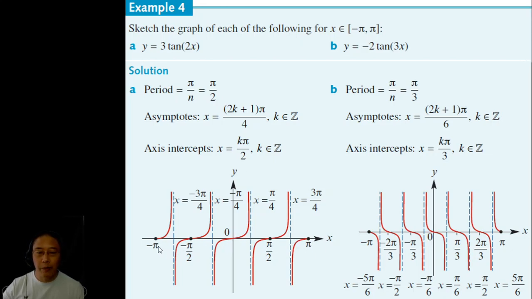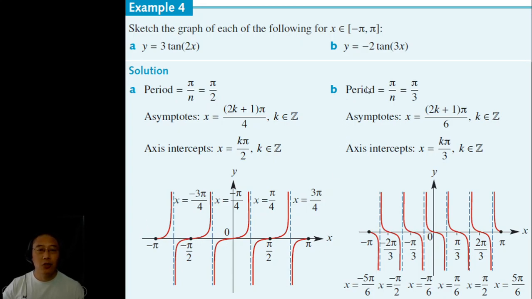You have your x-intercepts here. So let's start with 0. You have your x-intercept here. You have your two asymptotes on the left and the right. You draw one period, and then you can repeat it on the right and on the left.